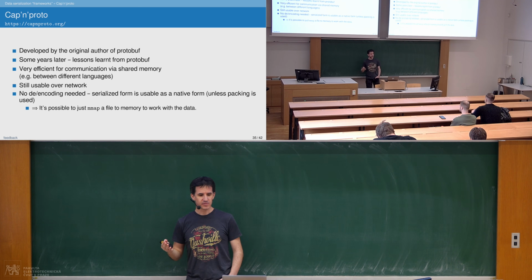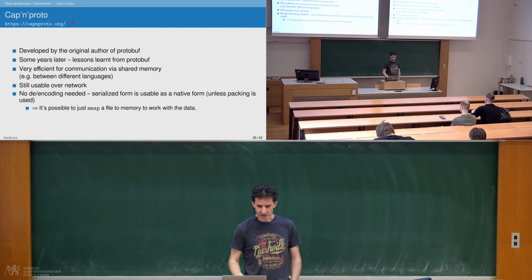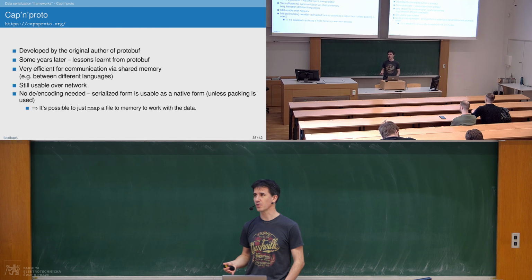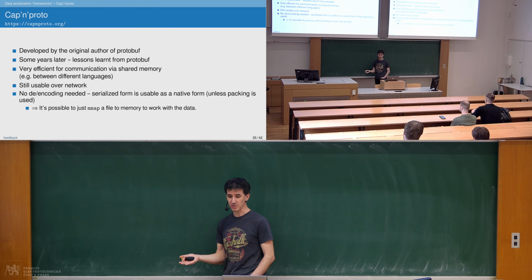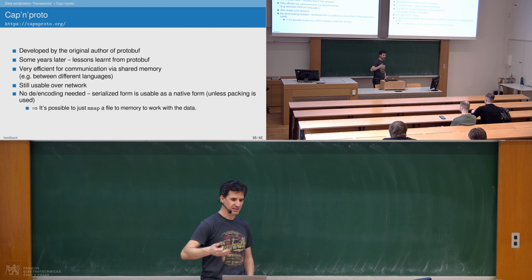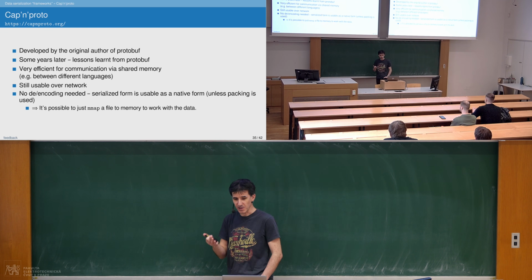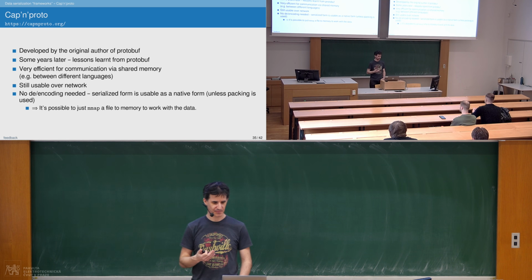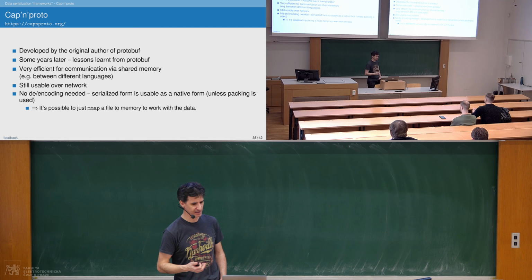The key feature of Cap'n Proto is that it is very efficient for shared memory communication, because in case of shared memory, you don't need to do the serialization and deserialization, because the data structure, how it is laid out in memory, is the same or similar to how it would be laid out naturally in a C compiler data structure.